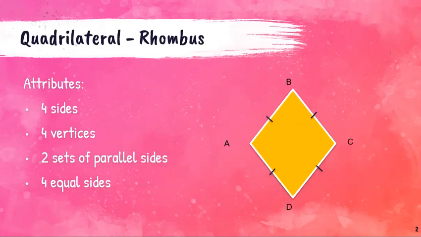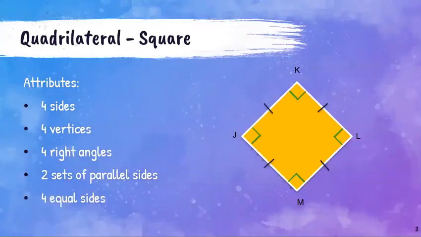So the next quadrilateral that we are going to talk about today is a square. So here we have a square, and the attributes of a square: it is a quadrilateral, so it has four sides and four vertices. A square has four right angles. So when we look at where our lines meet, these angles are 90 degrees, right?